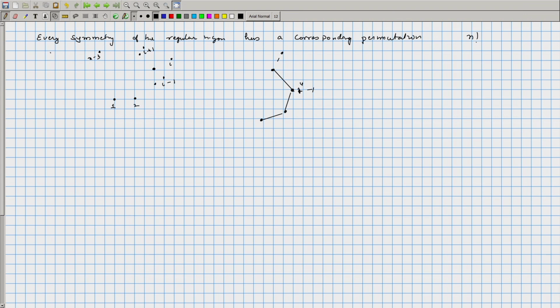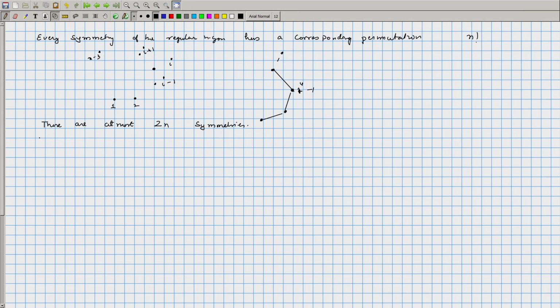So, clearly from this we can conclude that there are at most 2n symmetries. Okay. You take any regular n-gon, the maximum number of symmetries that it can have is 2n. If we can describe some 2n rigid motions, some 2n symmetries for the regular n-gon, we know that that is going to be the full set, because there cannot be anything outside that, because 2n is the maximum possible.